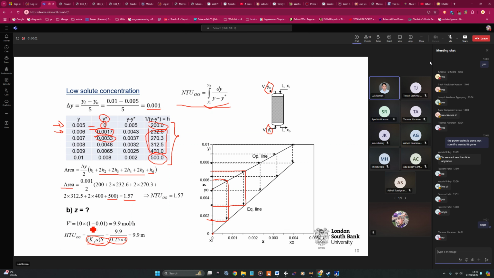Basically you are removing the amount of solid that you have in this gas flow rate to give you the solid free flow rate. Then you substitute in the equation, so that gives you HTU, and then the height is simply the multiplication of NTU times HTU.